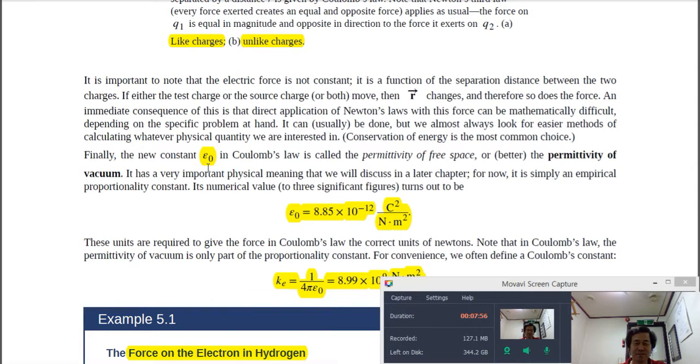The constant epsilon 0 is called the permittivity of vacuum. It is defined as 8.85 times 10 to the minus 12. The unit is C squared over Newton times meter squared.